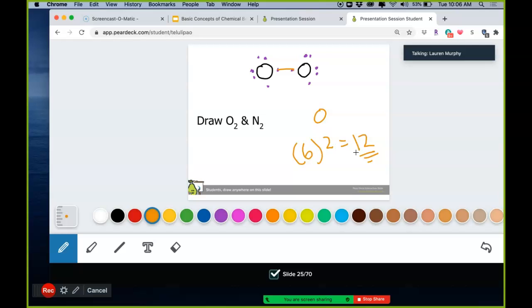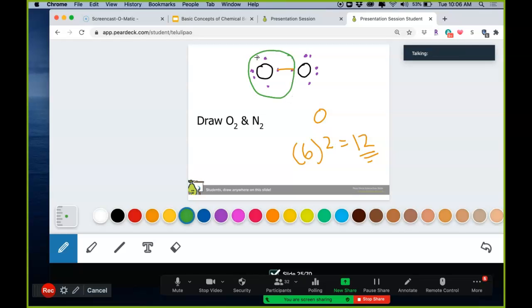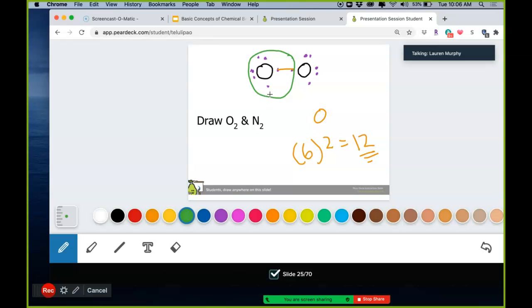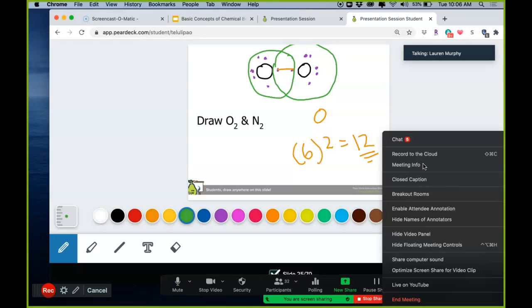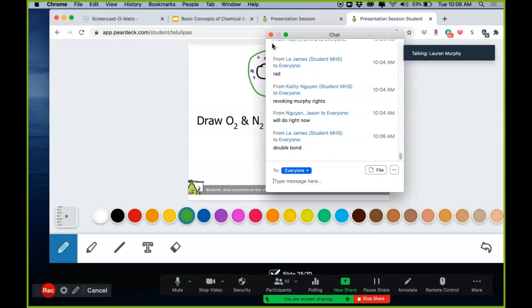So any suggestions? Because if you look right now at this oxygen, 1, 2, 3, 4, 5, 6, 7. It has not achieved stability, and neither has the other oxygen. Right now, neither of these are stable. Any suggestions of what I could do to achieve stability?